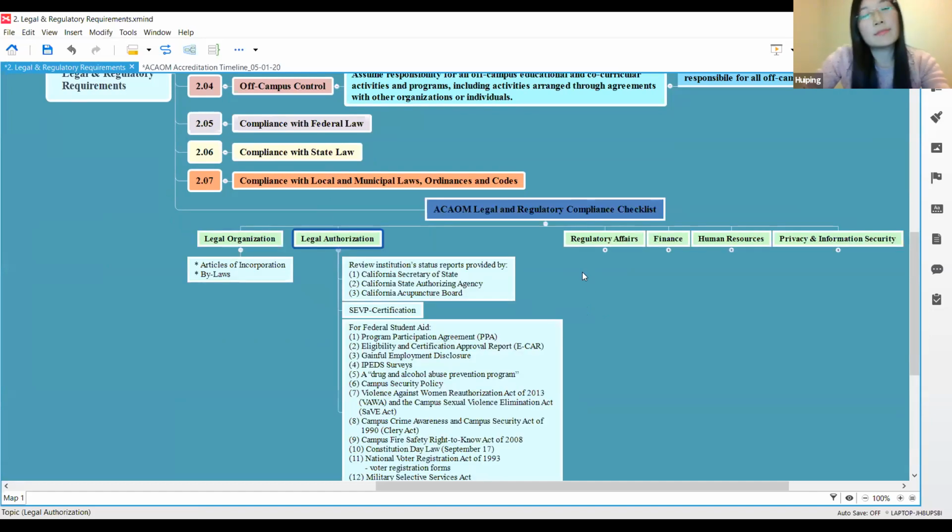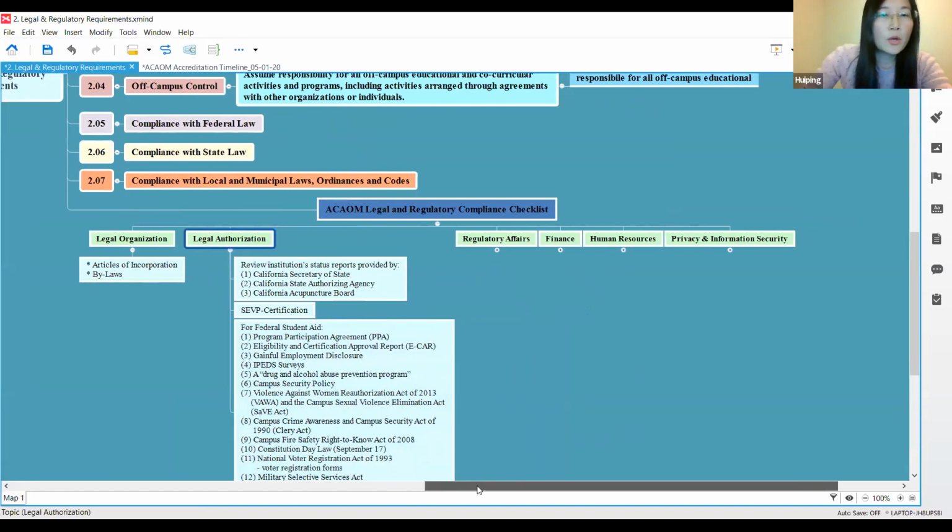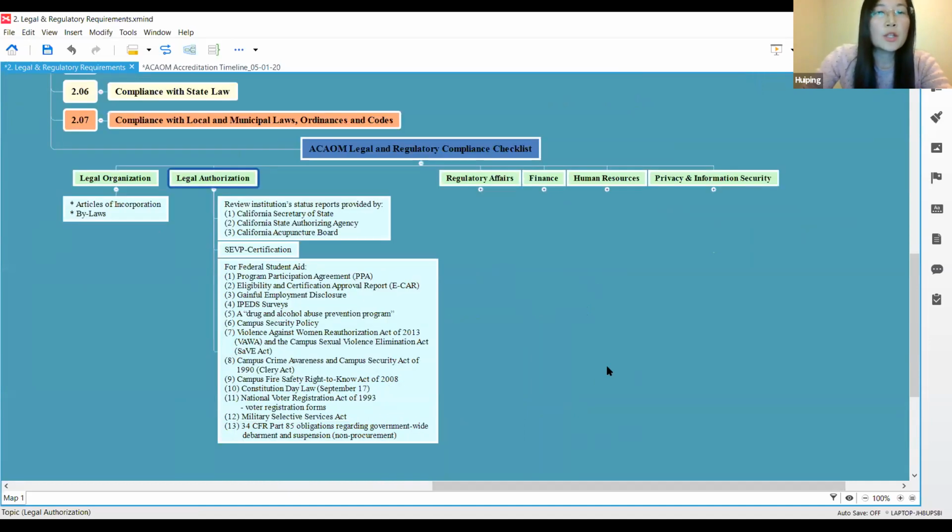For another category, legal authorization, ACAOM will review UEWM status reports provided by the California Secretary of State, the California State Authorization Agency, and the California Acupuncture Board. And because UEWM enrolls international students, we will also need to provide SEVP certification.